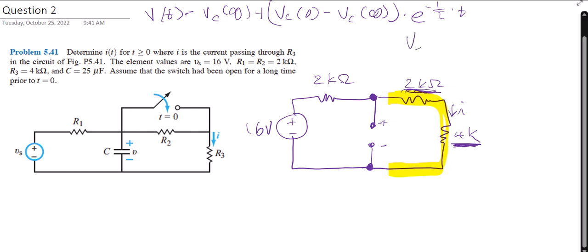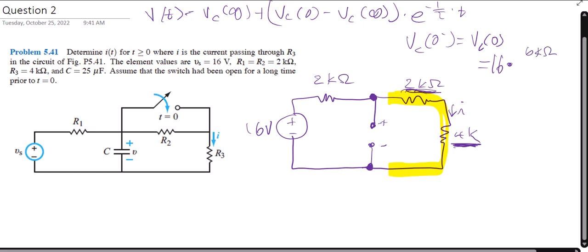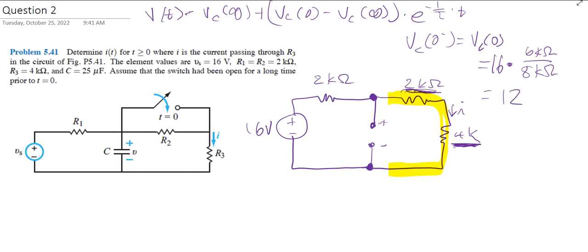And so VC of 0 minus, which equals VC of 0, because it cannot change instantaneously, is going to equal our total voltage times the resistance that we want the voltage over, which is 6 kilo ohms, over the total resistance, which is 8 kilo ohms, which I have down is 12 volts. So that's V of 0 minus.